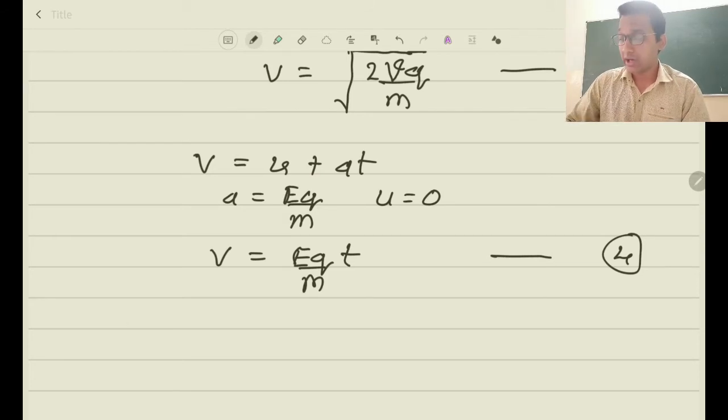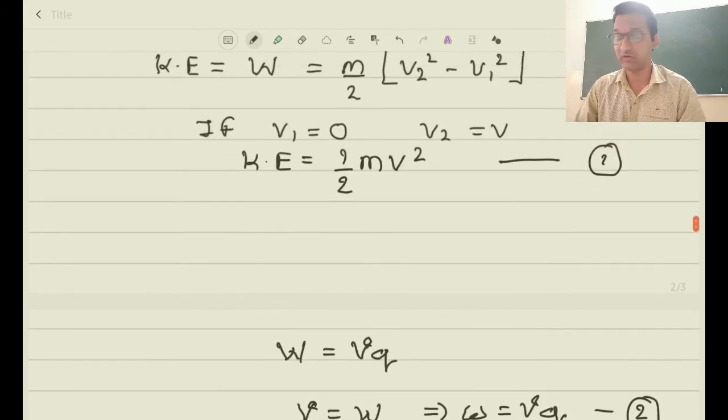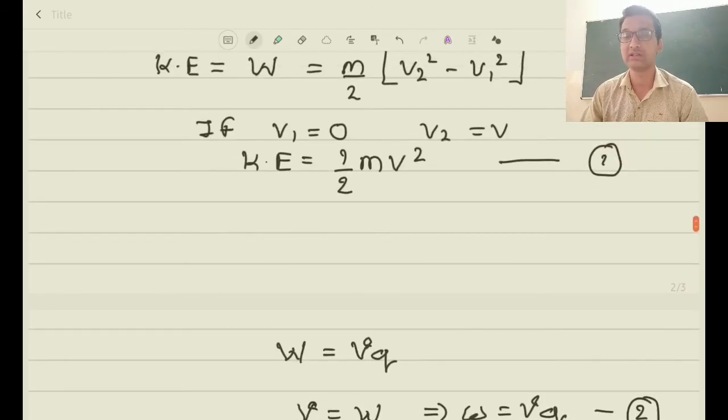So the kinetic energy equation, which is 1 half mv square, we can change, because according to this equation we will have to first find out the velocity, and knowing the velocity of a charged particle in a uniform electric field will be a little bit difficult.